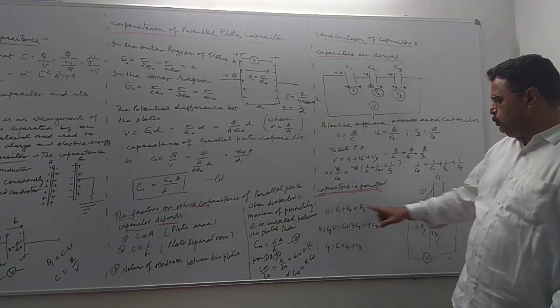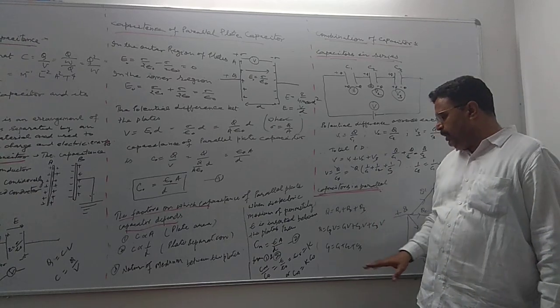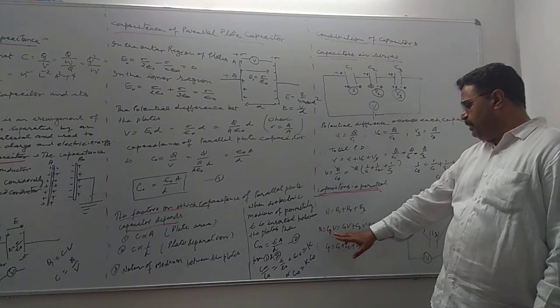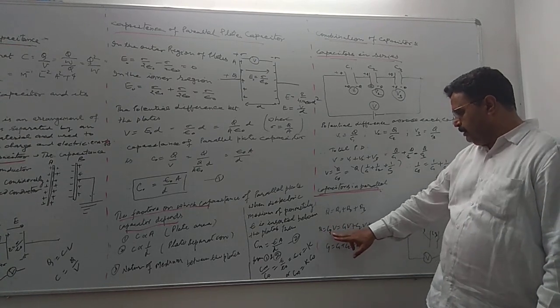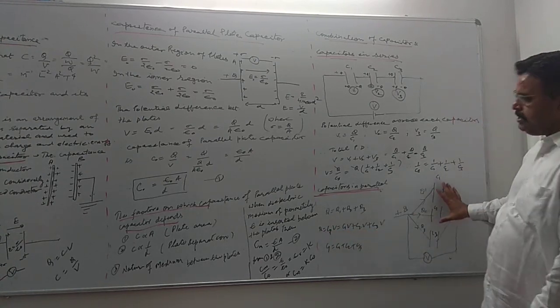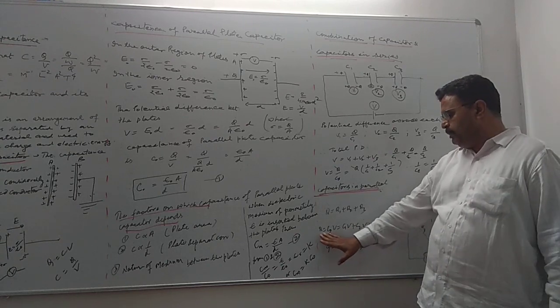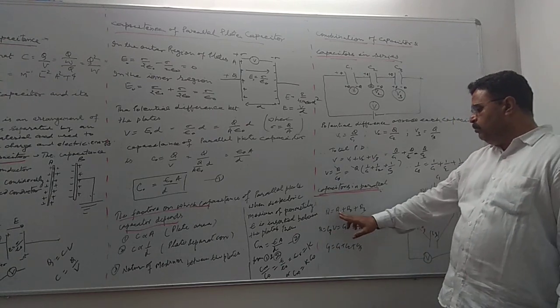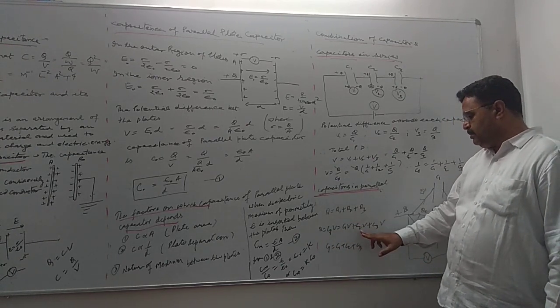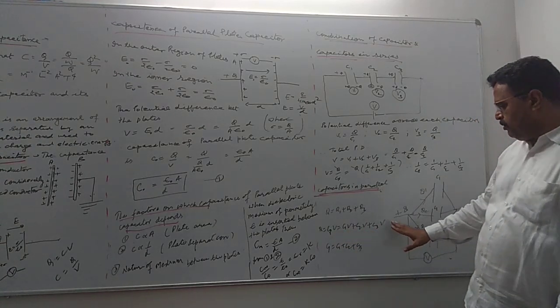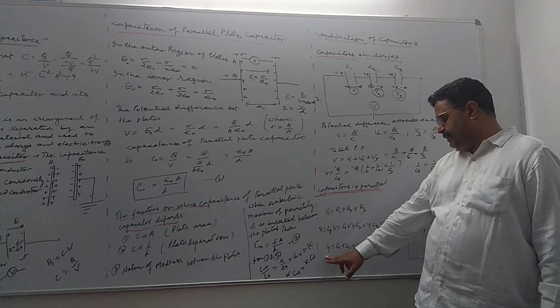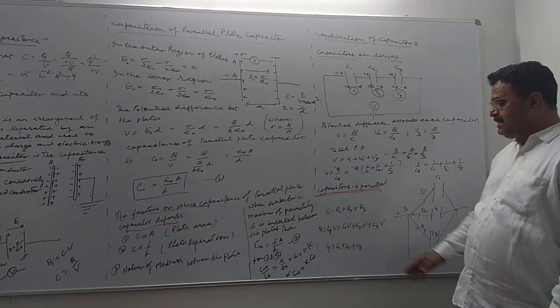Total charge Q equal to Q1 plus Q2 plus Q3. Here Cp is the effective capacitance of the parallel combination. So Q equal to CpV equal to C1V plus C2V plus C3V, and V is common here, so we get Cp equal to C1 plus C2 plus C3.